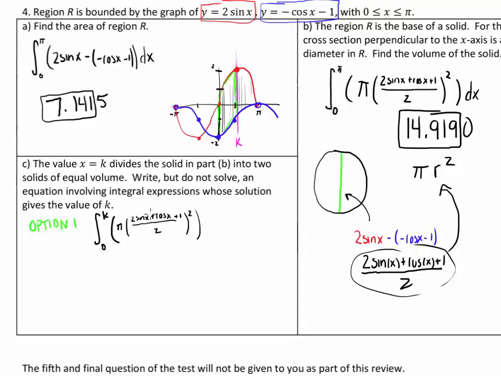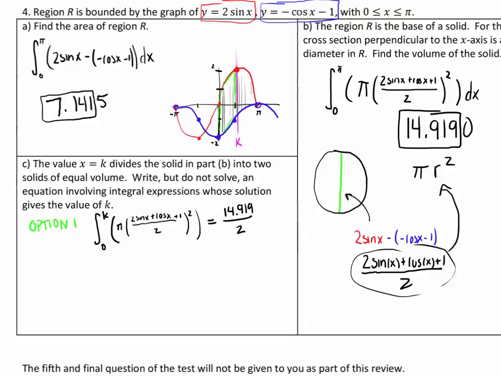If I find the volume of that, it should be equal to half of this number. So 14.919 divided by 2. Or you could just write this whole thing and put a 1/2 out in front of it. That would work too.